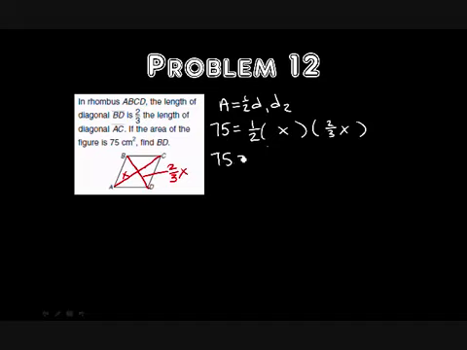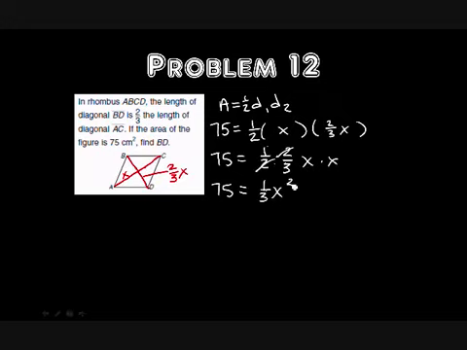So we have 75 equals, I'm going to put the numbers together, 1/2 times 2/3, and then I have the 2 x's. So I just rearranged things. 1/2 and 2/3, these 2's cancel out, and we end up with 1/3, and then x times x is x squared.